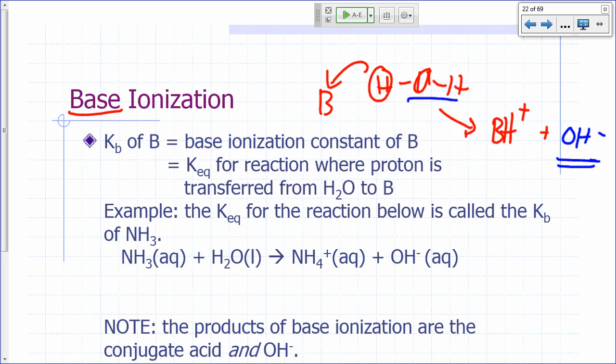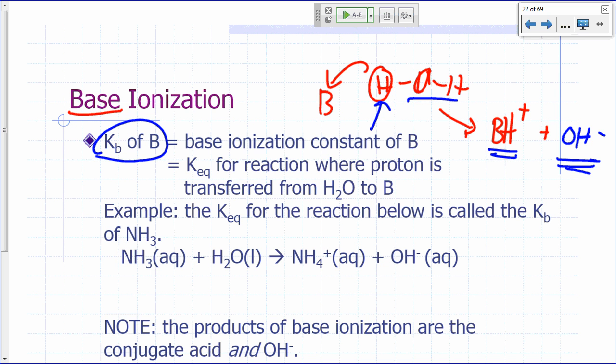Okay, so the equilibrium constant for this type of reaction, where you have something that pulls a proton away from water to give you its conjugate acid and a hydroxide ion, is known as the Kb of that something, in this case, the base.